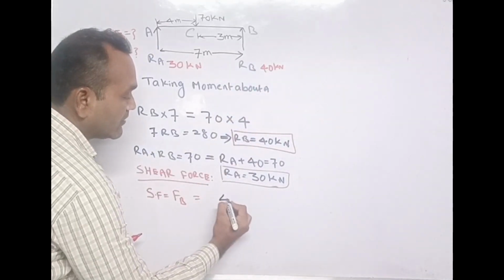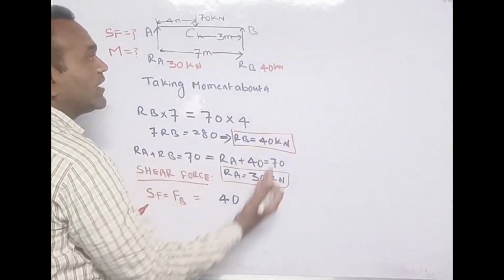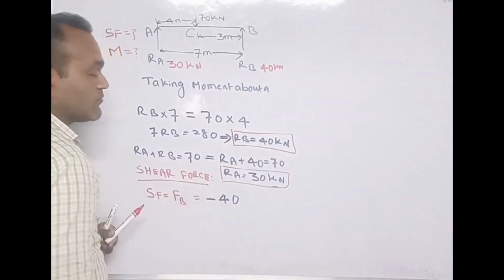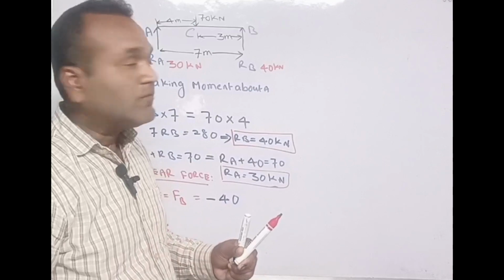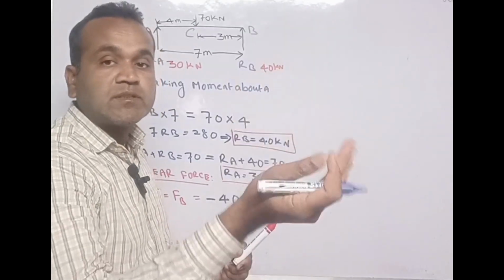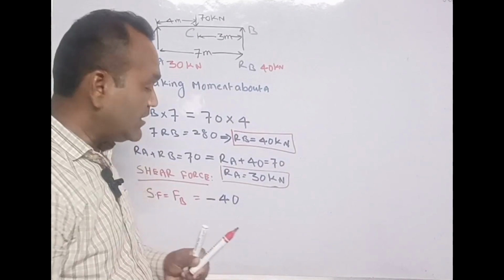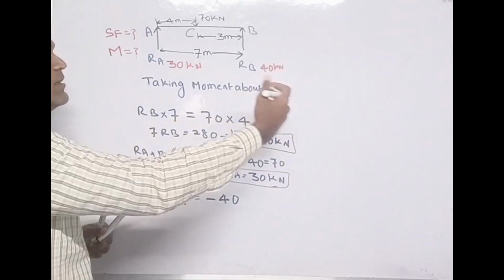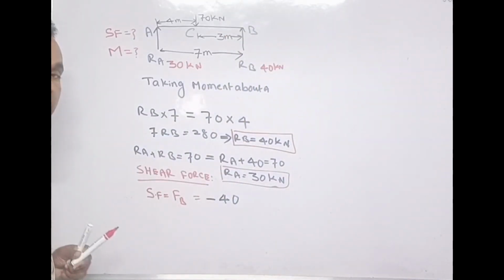But since it is right hand side and acting towards up, it will be minus 40. In few books, it is given negative for the right hand upward forces, and in few books it is given negative for the downward forces. But here we will use negative for the upward forces. So this is minus 40. This is shear force at B.